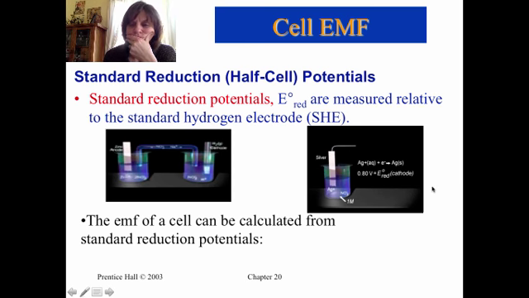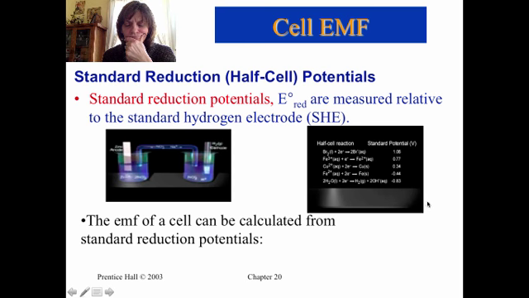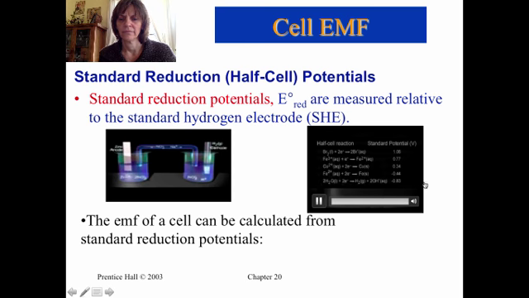Proceeding in this way, it is possible to measure and tabulate standard half-cell reduction potentials, such as these selected values. Remember that the standard half-cell potentials are always defined for the half-cell reaction written as a reduction. If the half-cell reaction is reversed, the sign of the standard potential is reversed.